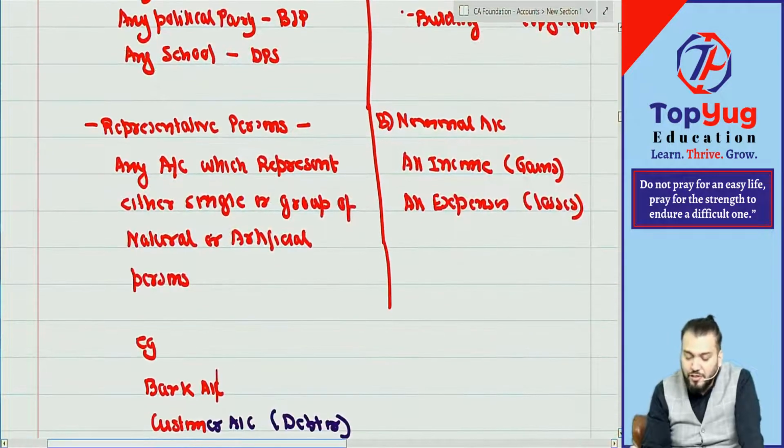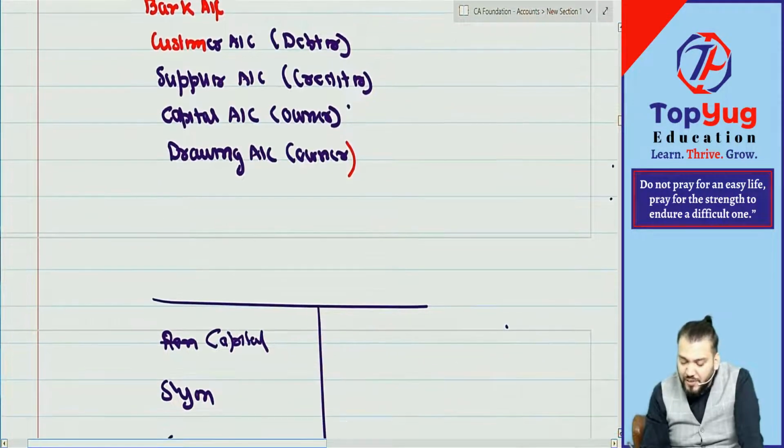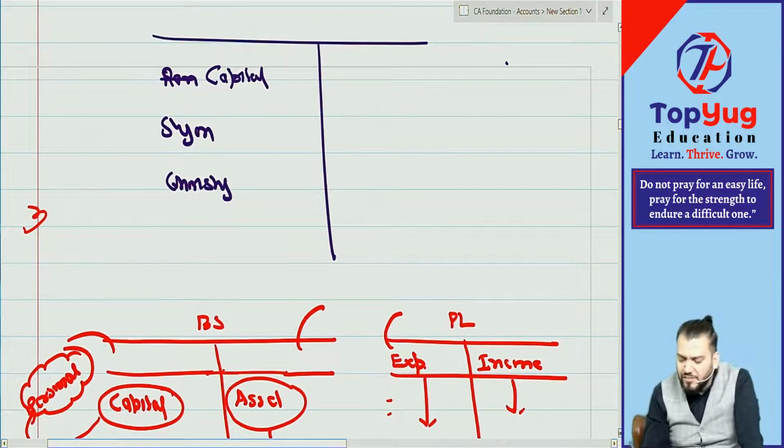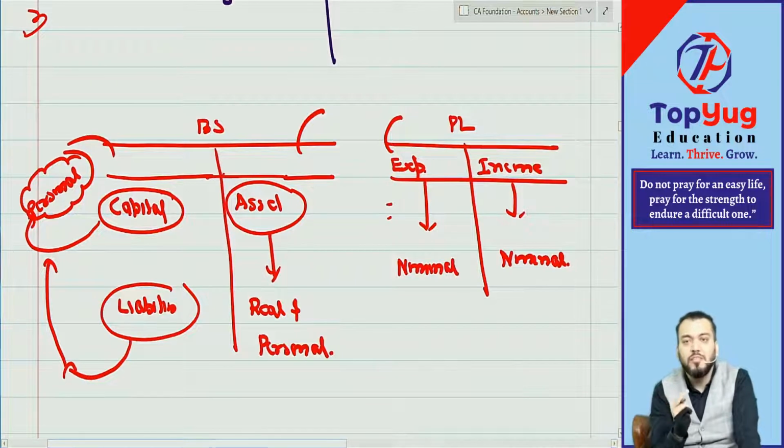Then we have also discussed that the other is nominal account. Nominal account includes all income and expenses. Income will always include gains and expense will always include losses. Then we were discussing the balance sheet and P&L. We discussed that P&L represents all income and expenses, means all nominal accounts are transferred to profit and loss account.